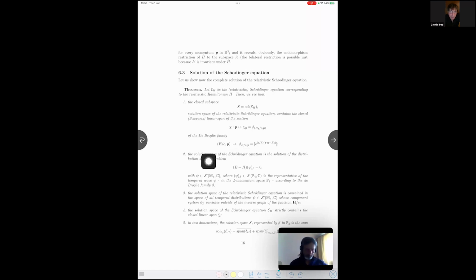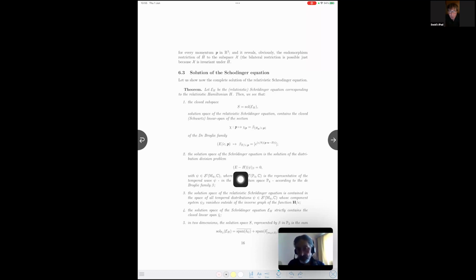And here you have the de Broglie wave. Indeed, the solution space of the Schrödinger equation is the solution of the distribution division problem (E minus H) psi beta equals 0.